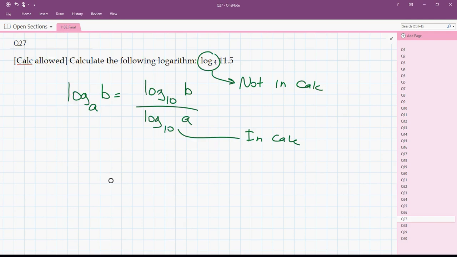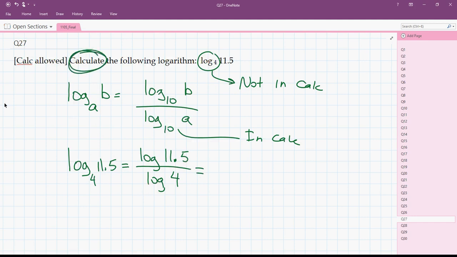So log base 10 will just be your standard log button. So we would say that log base 4 of 11.5 would be equal to the log of 11.5 divided by the log of 4. And since it says calculate, that usually means till you get an answer.